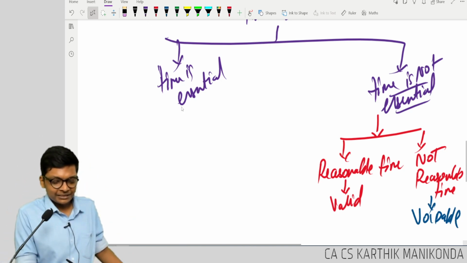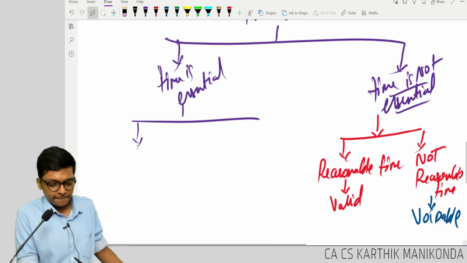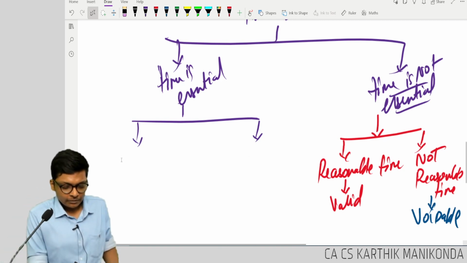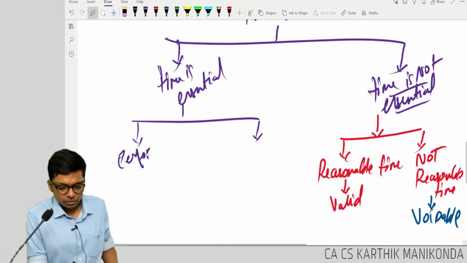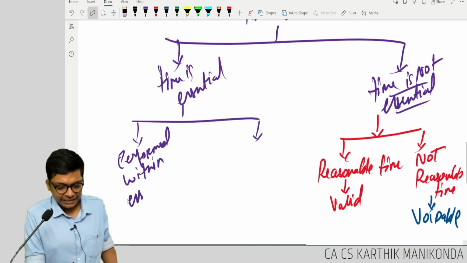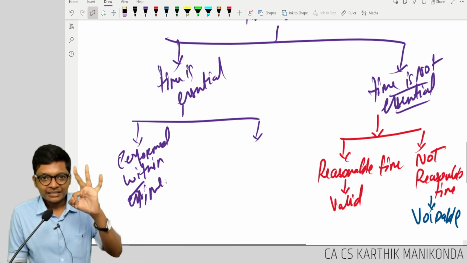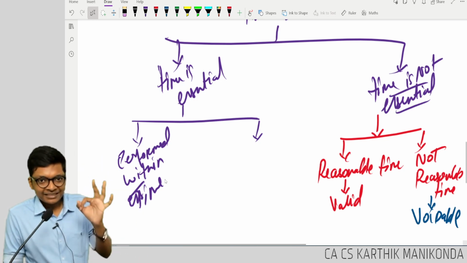When time is essential, we will again split into two cases. Contract is performed within time specified, within the time. Domino's told, I will deliver within 30 minutes. They came within 30 minutes.